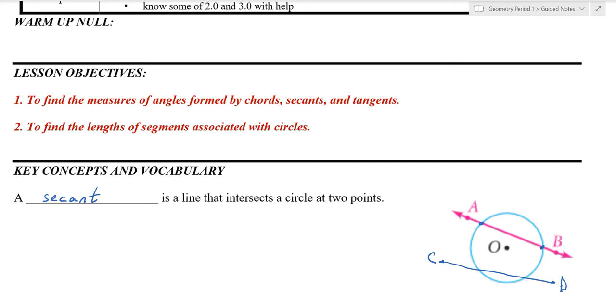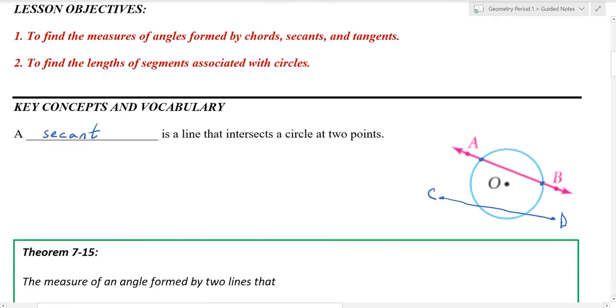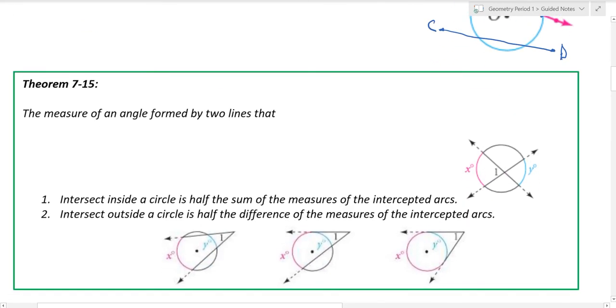All right, moving on to our first theorem. Theorem 7-15 states the measure of an angle formed by two lines that, case 1, intersect inside a circle is half the sum of the measures of the intercepted arcs.